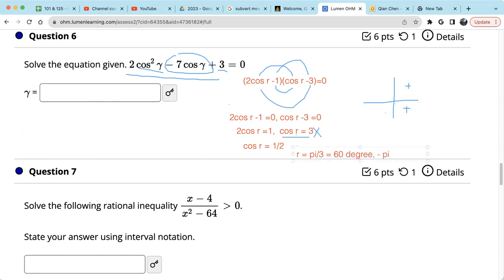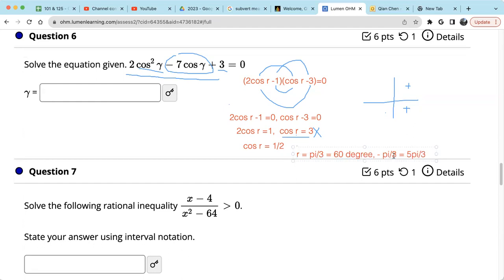So negative pi over 3, or... 2 pi minus 1/3 pi, 5 pi over 3, right?